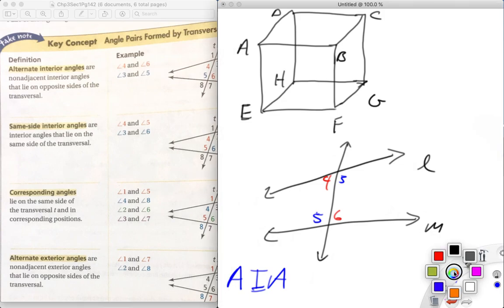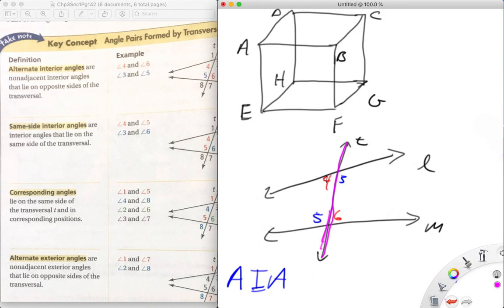Okay, so this is our transversal, right? 4 and 6 are considered alternating interior angles. They're non-adjacent, meaning they're not on the same side. They don't share a common side or a common ray. And they're on opposite sides of the transversal.